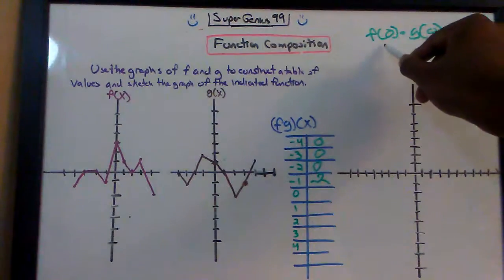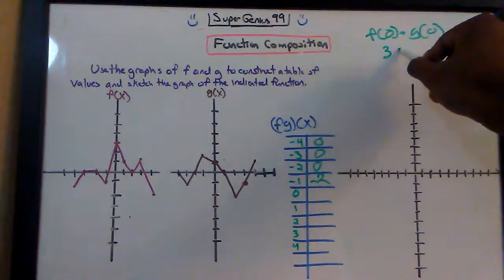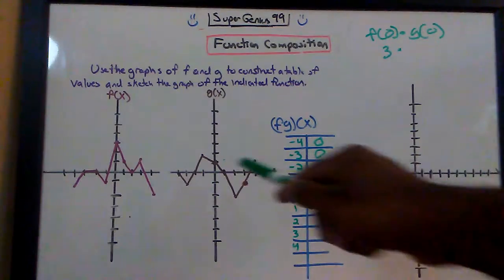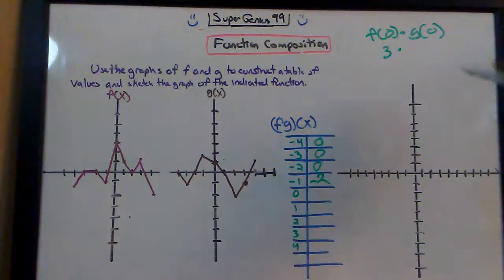When x is 0, y is 3 in the f function. What is the corresponding y value when x is 0 in the g function? Positive 1. Okay. So 3 times 1 is 3.